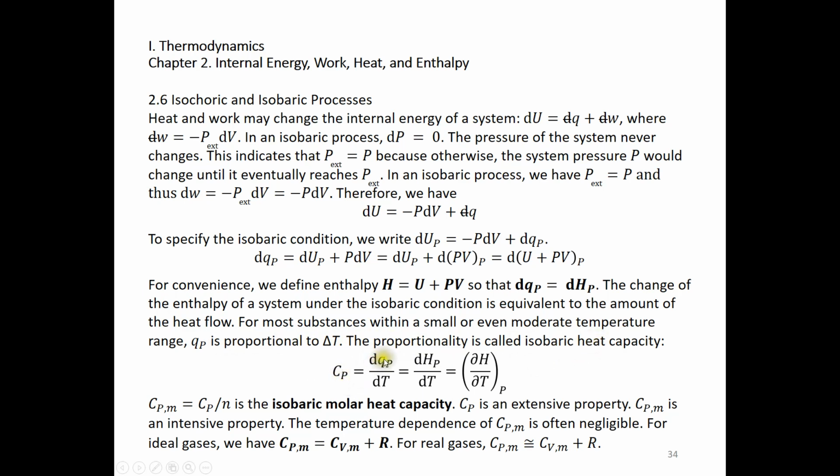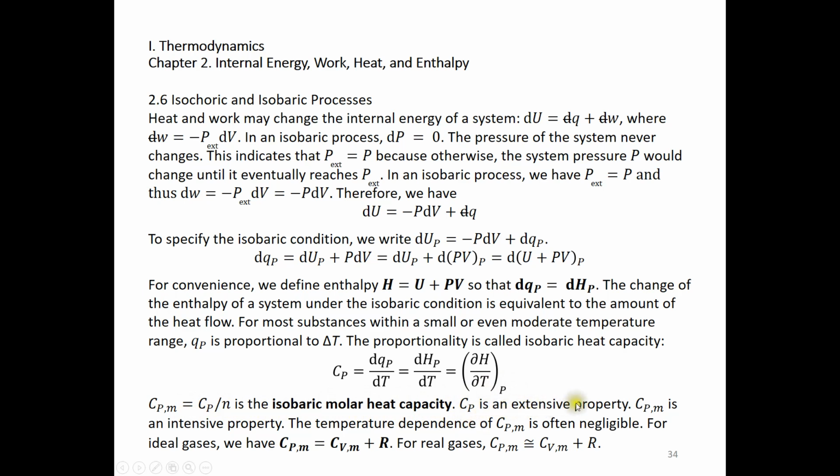Cp is just dQp over dT, and because dQp is equal to dHp, again the change of enthalpy is equal to the amount of heat for the isobaric process, we can write Cp is delta H over delta T under constant pressure. CPM is just Cp over n. It's isobaric molar heat capacity.